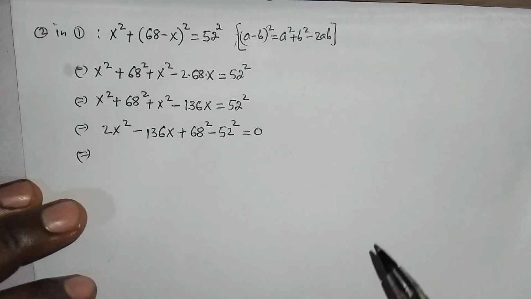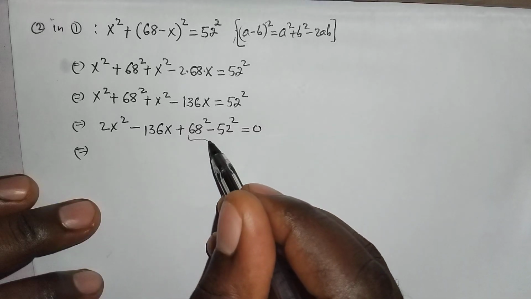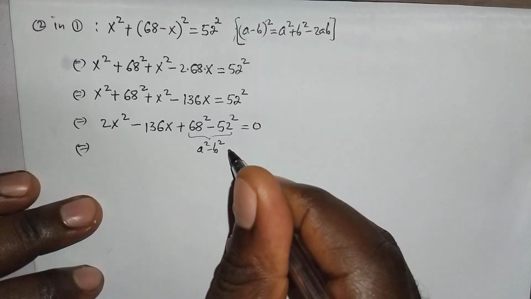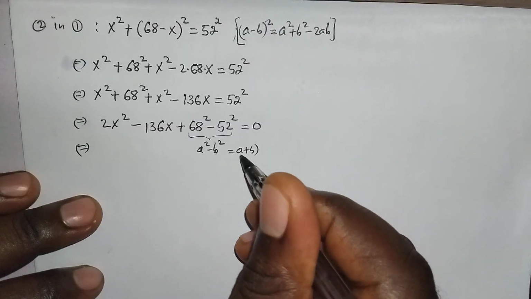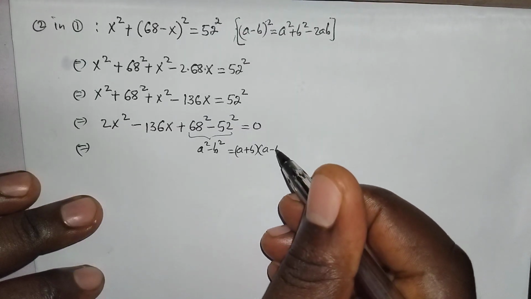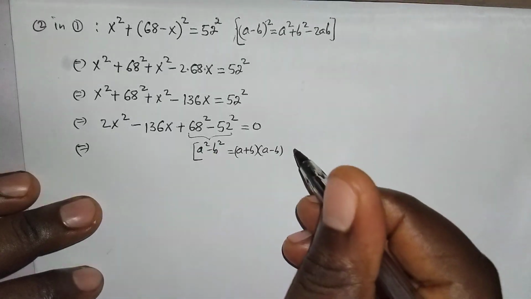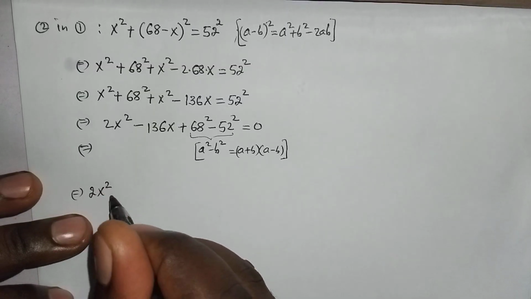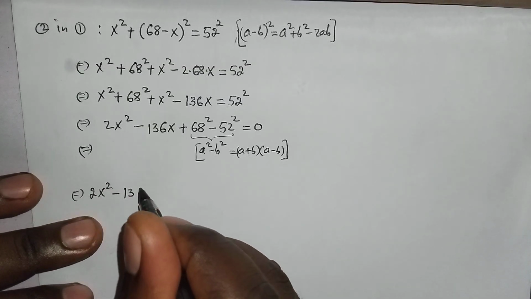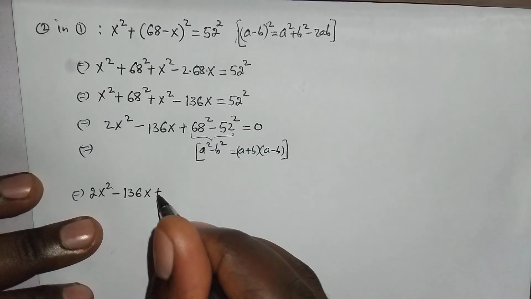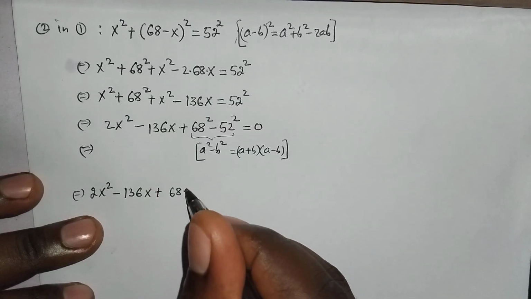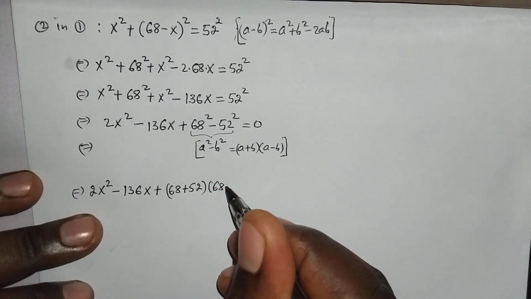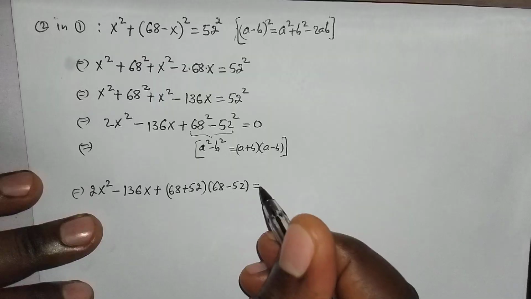From here we have the form of a square minus b square, which is equal to (a plus b) times (a minus b). So it is 2x square minus 136x plus (68 plus 52), then (68 minus 52), which is equal to 0.